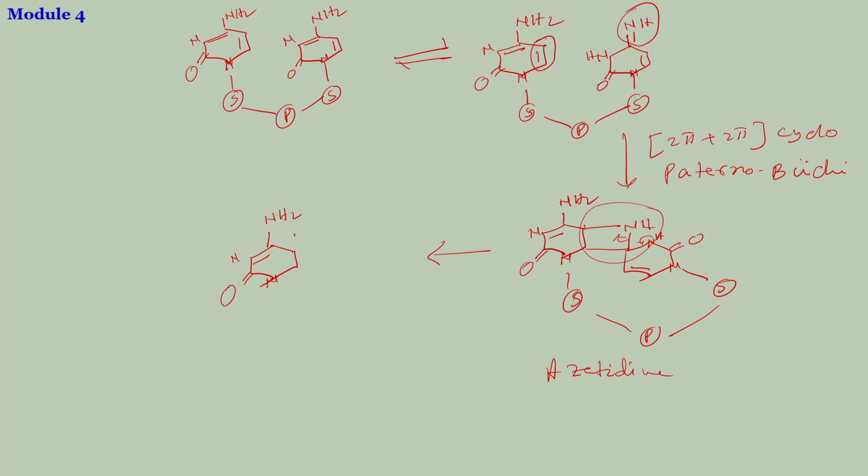And it will give you NH2 here free, this is hydrogen, it's double bond N, sugar, this is your 6,4 photo product.